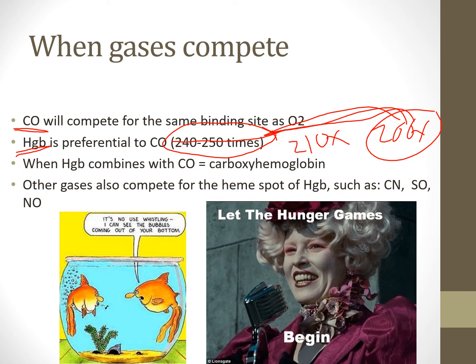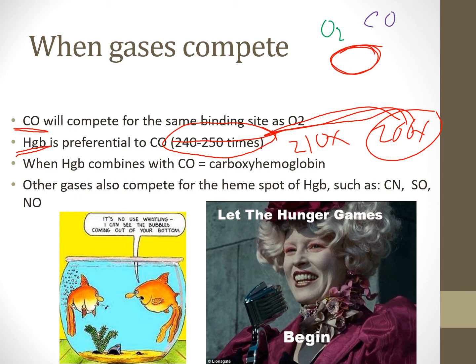If you have a hemoglobin molecule, and I'm not going to draw the whole thing, but if I have a hemoglobin molecule here, and then I have, let's go green for oxygen, an oxygen molecule that wants to bind to it, and then I have, let's go purple, a carbon monoxide molecule that wants to bind to it.